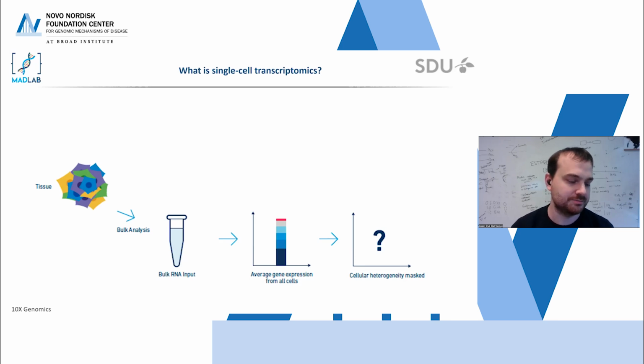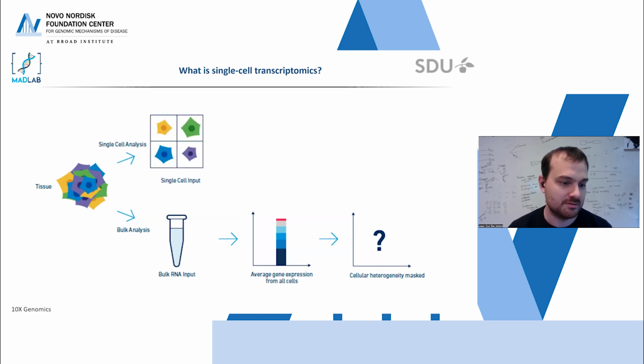So then enter 2016, maybe around that, 10x Genomics commercialized single-cell genomics or single-cell transcriptomics. It had been around for a while in labs, developing the methodologies, but the commercialization of it really drove the adoption in the field. And now a lot of labs around the world, including us and Broad, and certainly many labs are doing single-cell analysis.